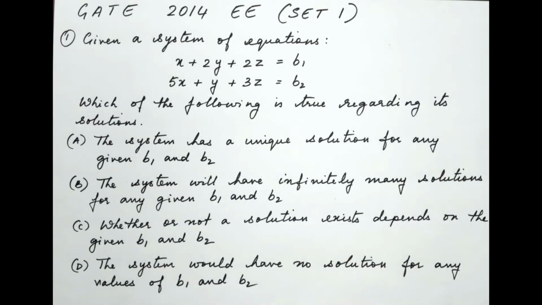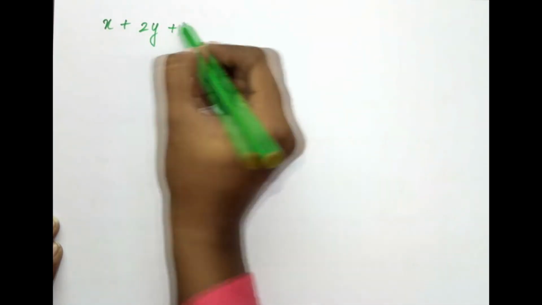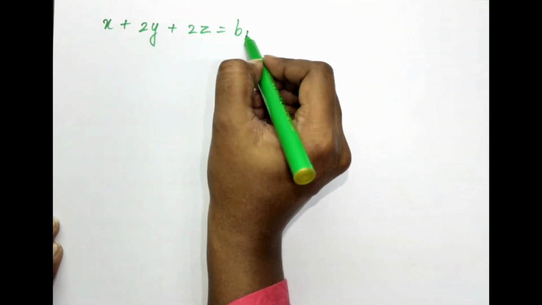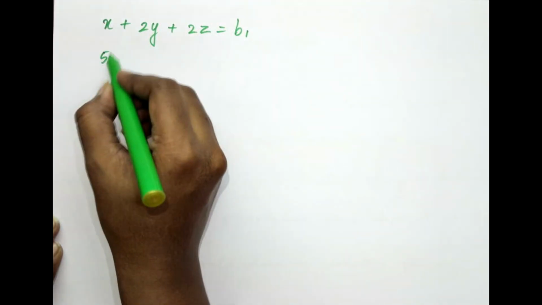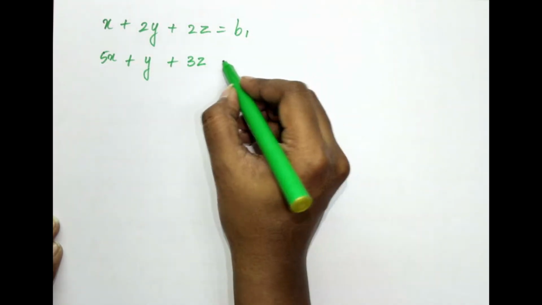Now, you will notice that we have three unknown variables, x, y, and z. So to solve, let's start by writing the system given in matrix form. Let me get another sheet of paper. The given system is x plus 2y plus 2z equals b1 and 5x plus y plus 3z equals b2.